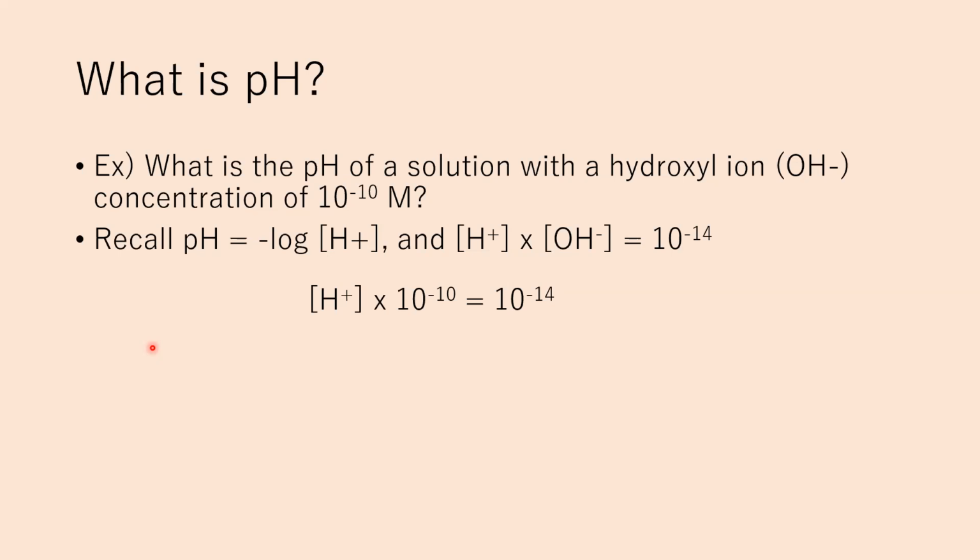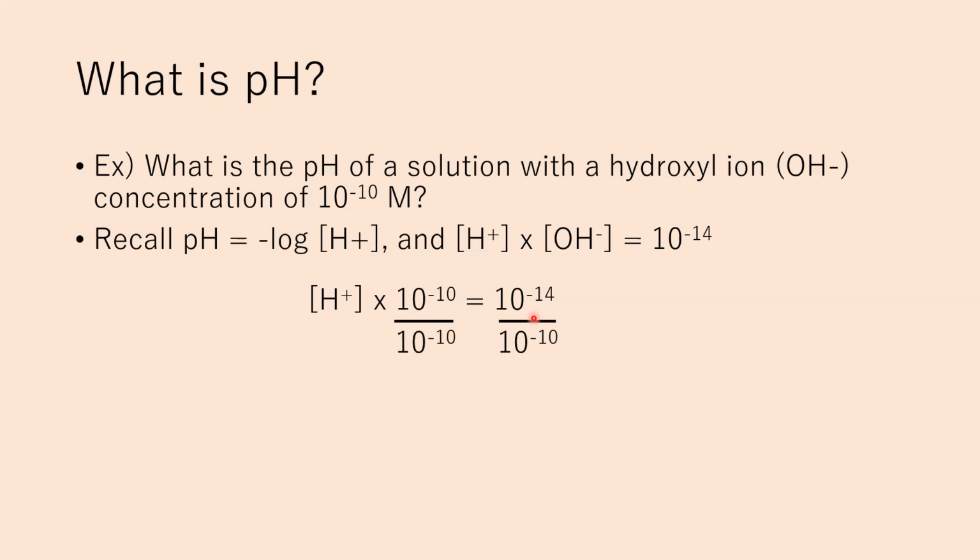If we substitute our hydroxyl ion value into this equation, we can see that the concentration of hydrogen ions times the concentration of hydroxyl ions, in this case 10 to the negative 10th power, is equal to the equilibrium constant 10 to the negative 14th power.